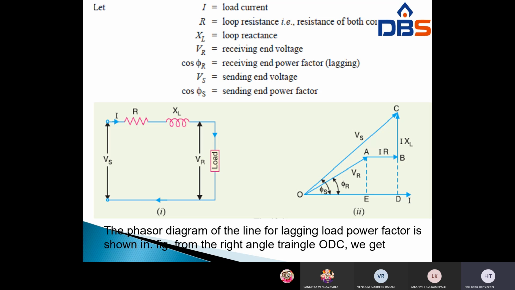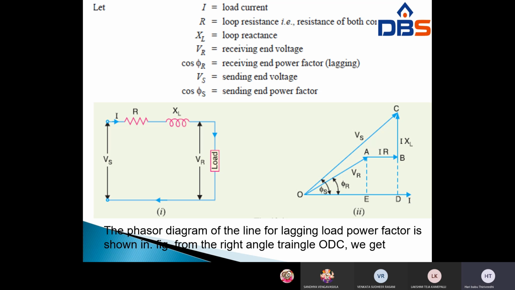Now draw the current I with the angle phi R. Here two drops are there, resistive drop and inductive drop. The resistive drop is always in phase with current, that's why I am drawing like this. And the inductive drop is always 90 degrees above the resistive drop. Now the combination of VR, IR, IXL is nothing but the sending end voltage, right?